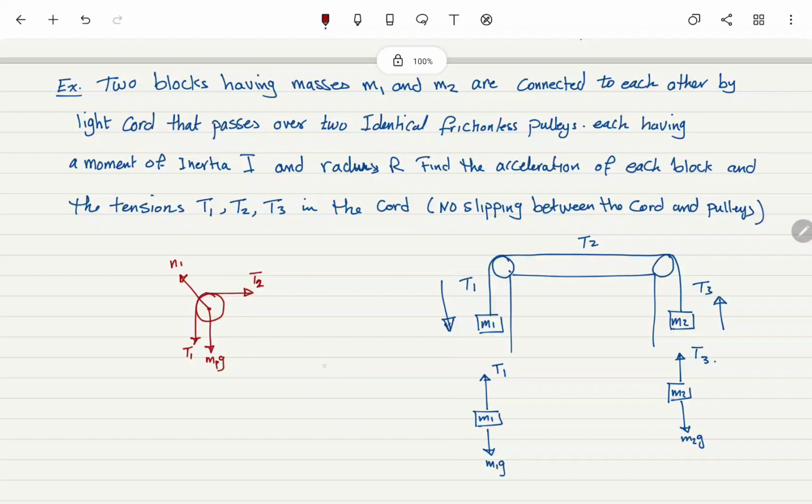Same situation for the other pulley, this one here. In this case we have T2, T3, and the pulley weight G and the normal.